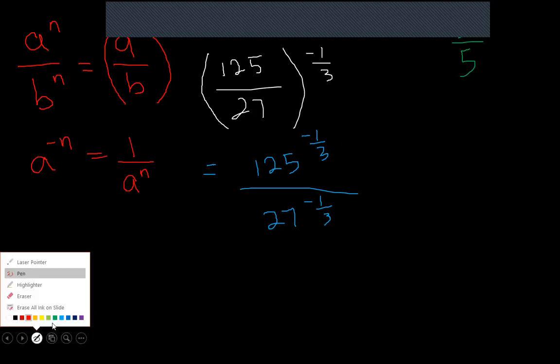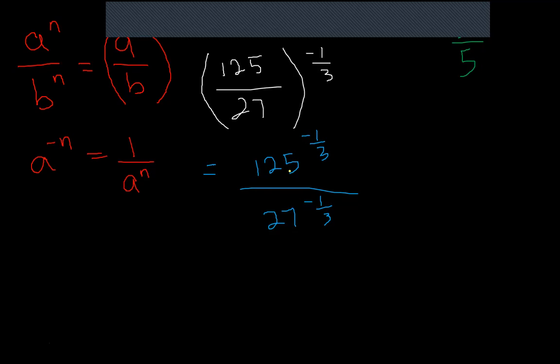According to my rule, we're treating this fraction, a third, as n. So 125 raised to the power of minus a third becomes 1 divided by 125 to the power of a third.